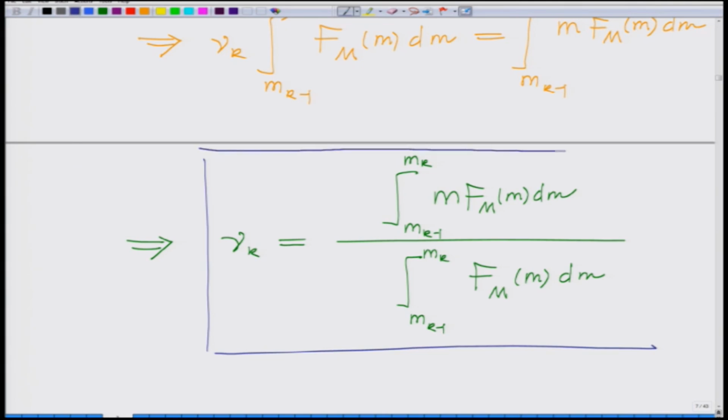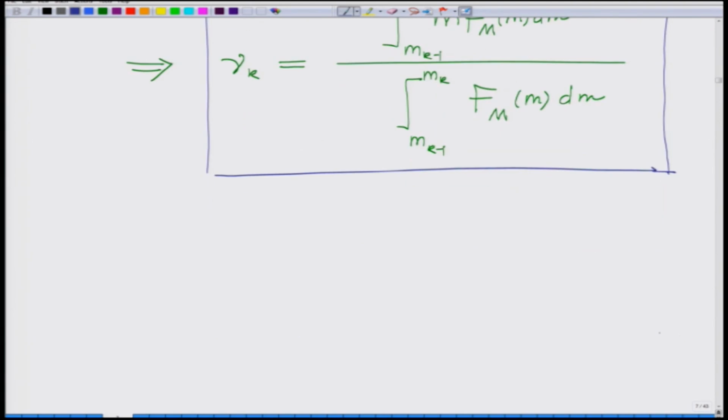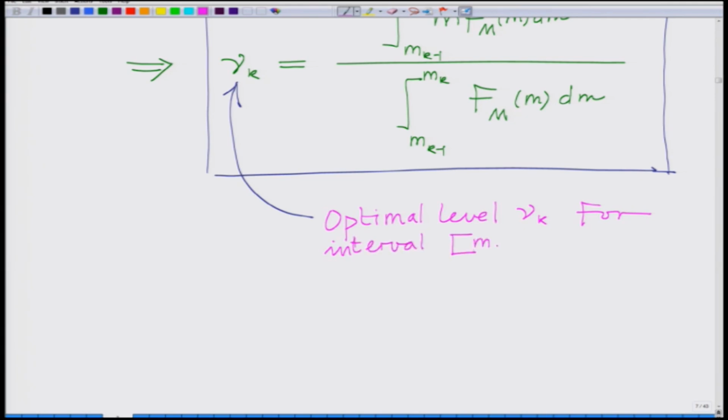And this is basically the optimal value nu k for the interval m k minus 1 to m k.